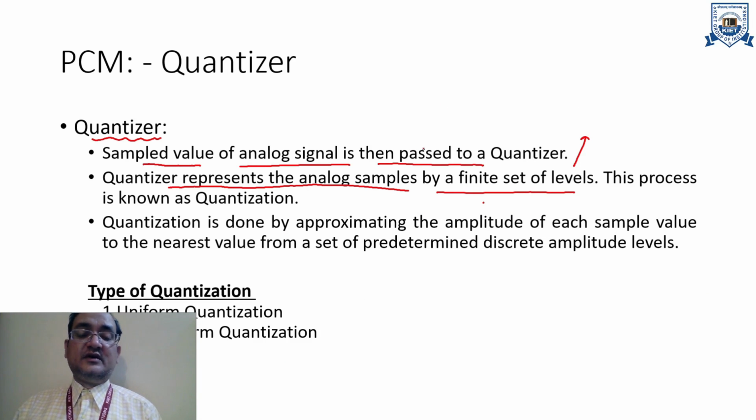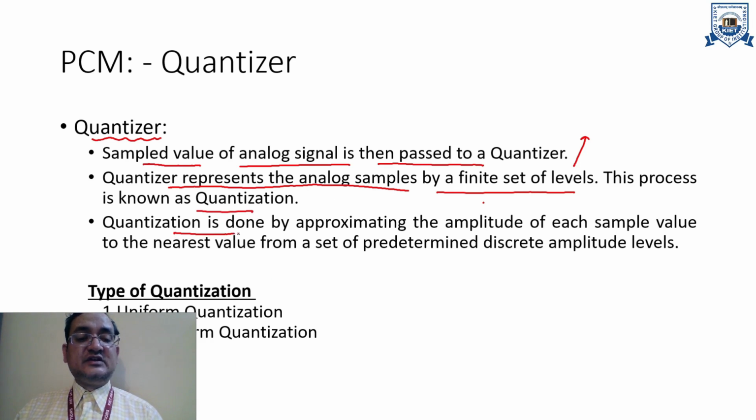For example, if I have to feed the digital encoder, which is converting your analog decimal values to their equivalent digital, we have to provide decimal integer values to that encoder. So this process is called the quantization process.